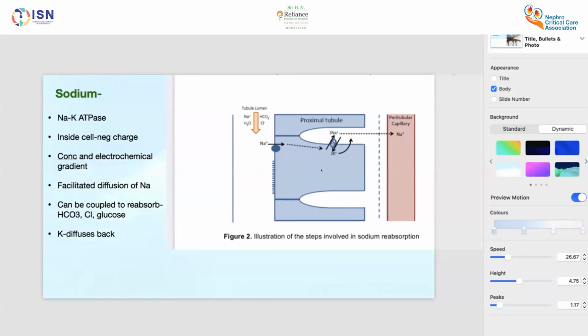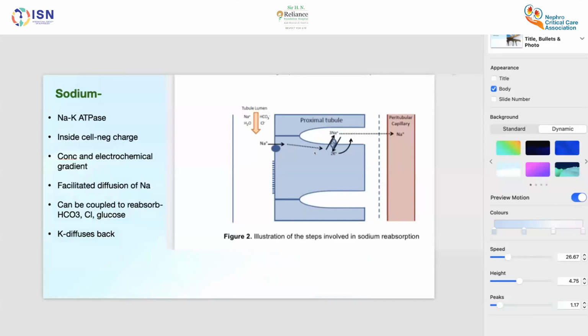This causes decreased sodium concentration in the proximal convoluted tubule cell, which causes diffusion of sodium ions from the tubule lumen, and the potassium is permeable in the PCT cell. So potassium is again pushed out of the cell.